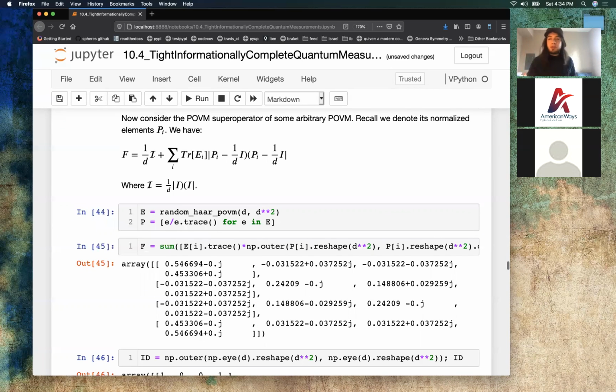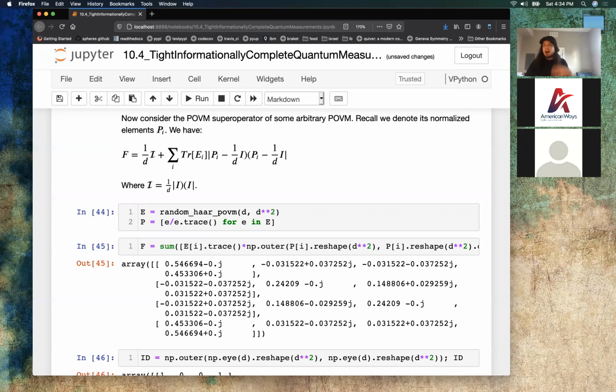So basically what we want to do is take all of our states and map them into the space of traceless Hermitian operators. And what we're interested in is, can we have a POVM that's a tight operator frame for the space of traceless Hermitian matrices?